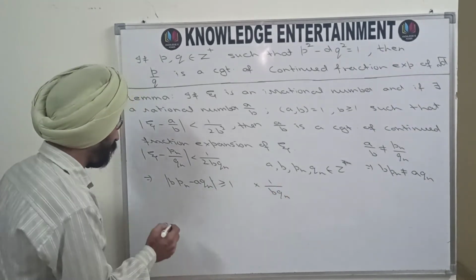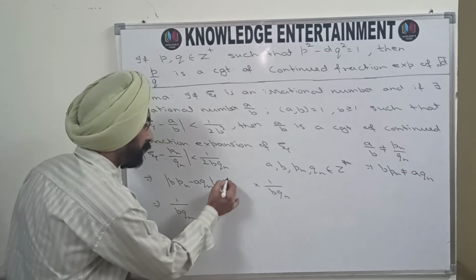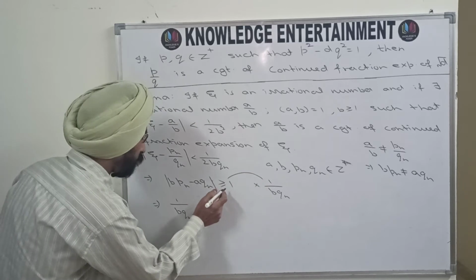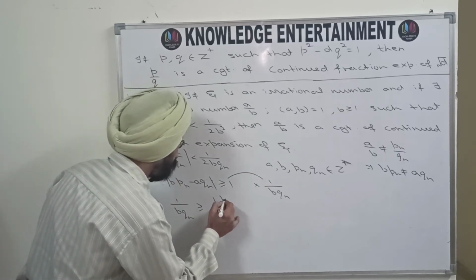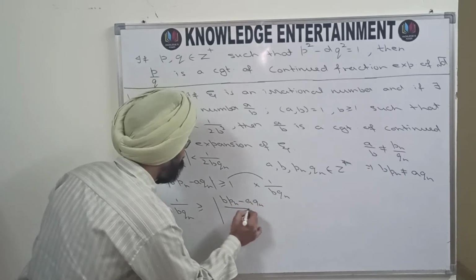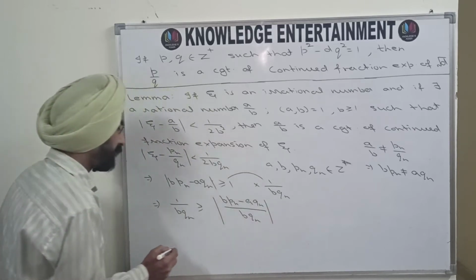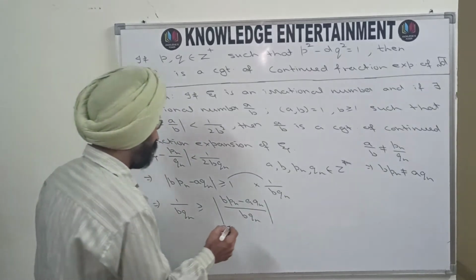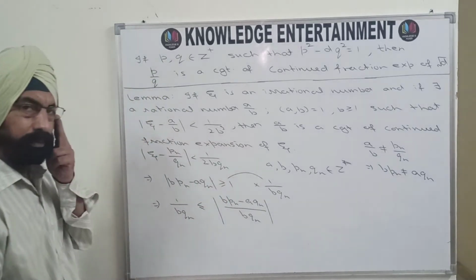So when you multiply these two, you will get mod of b pn minus a qn upon b q1, and this greater than or equal to will become less than or equal to.